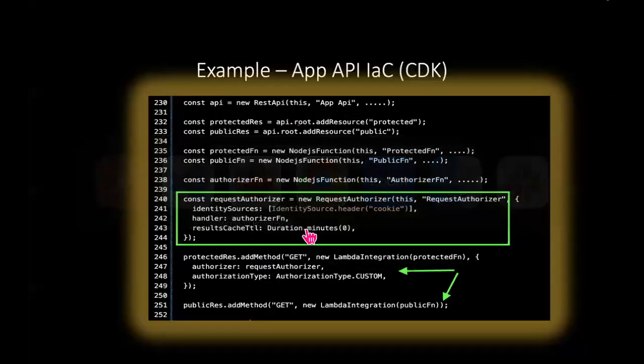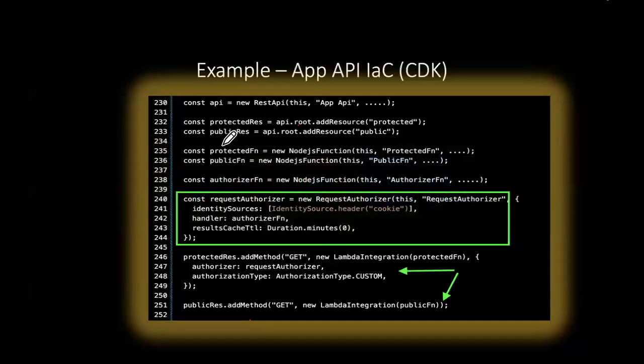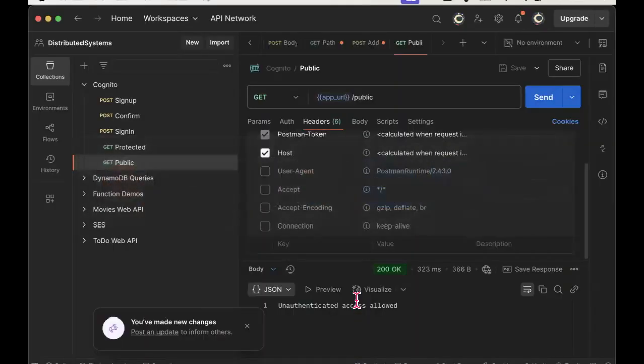If I go back to my slides, I have this path within my API, and it has a GET method associated with it, but there's no authentication configuration, so it's completely public, and therefore I can access that without any cookie.